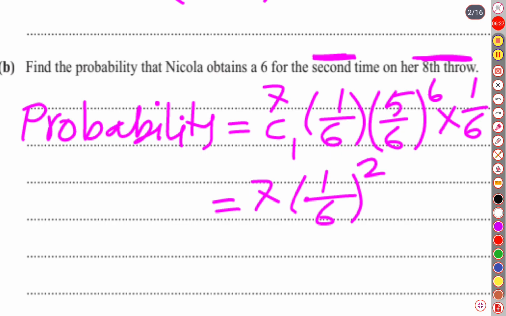So the calculation is 7 into 1 over 6 whole squared, into 5 over 6 raised to 6. So the total probability is 0.0651.